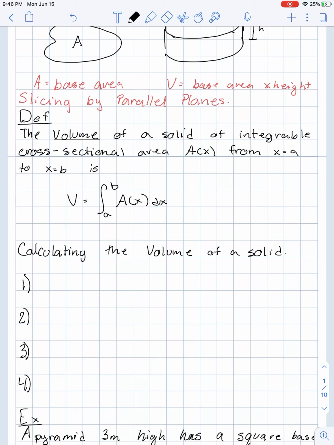Let it be square root of x, x squared, sine x, something like that. Usually you're told what that is in your problem.